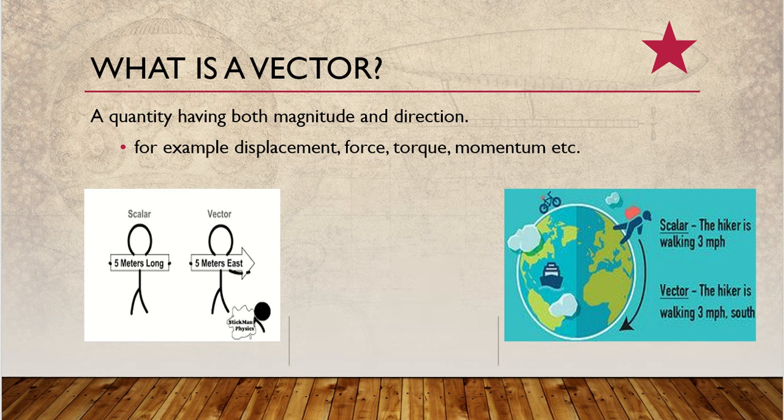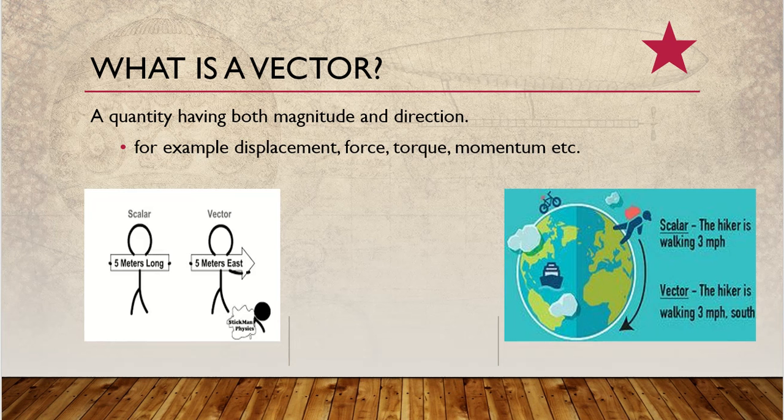So, vector is nothing but a physical quantity that you can measure and express in terms of a number, which is having both magnitude as well as direction. Such quantities are known as vectors. The examples for vectors are displacement, force, torque, momentum, etc.